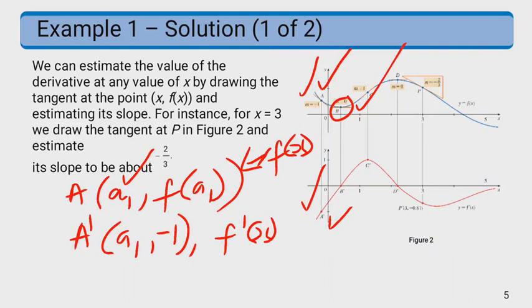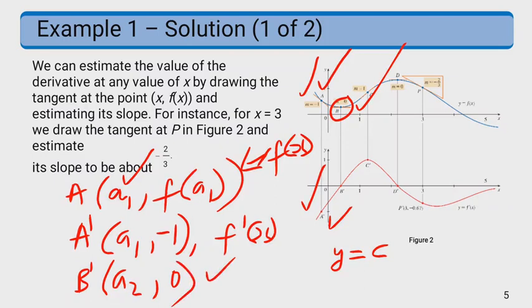Since this is a horizontal line, we know the slope will be 0, so that line is defined by y equal to c. At that point B, where the slope is 0, we can define the coordinates of B prime, which we're interested in: the x point is A2, then B prime will be 0. We've got the second point of f prime.